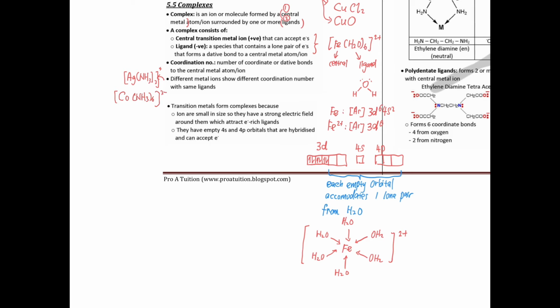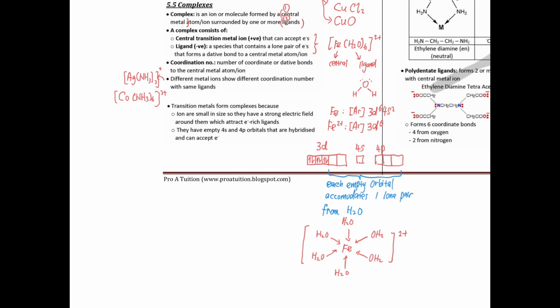So from here, the idea is you have the same ligand, which is ammonia, but when the transition metal is different, it will end up with a different number of ligands that can form a complex with it. It depends on the empty orbitals available, of course, and it depends on the stability of the complex. So that's why it has a different number of ligands.